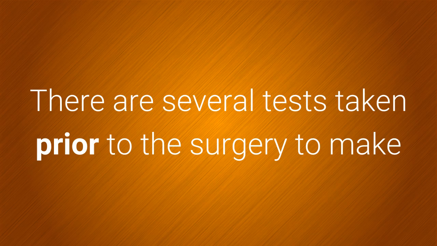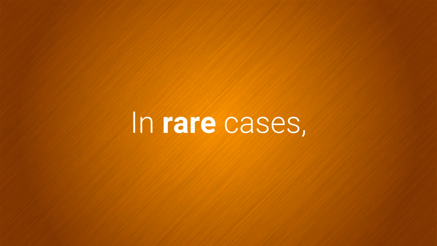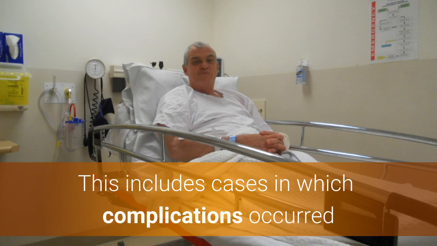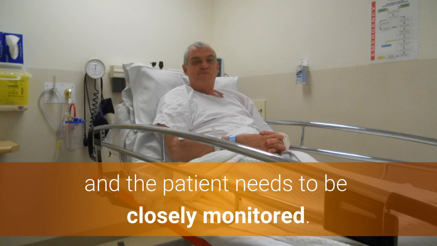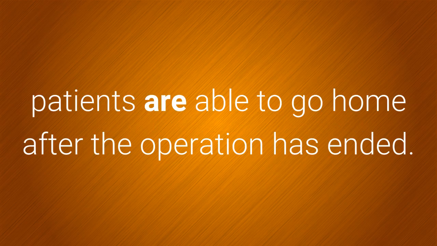There are several tests taken prior to the surgery to make sure that the patient is in good condition for the operation. In rare cases, patients are kept overnight in the hospital after Chalazion surgery. This includes cases in which complications occurred and the patient needs to be closely monitored. In most cases, however, patients are able to go home after the operation has ended.